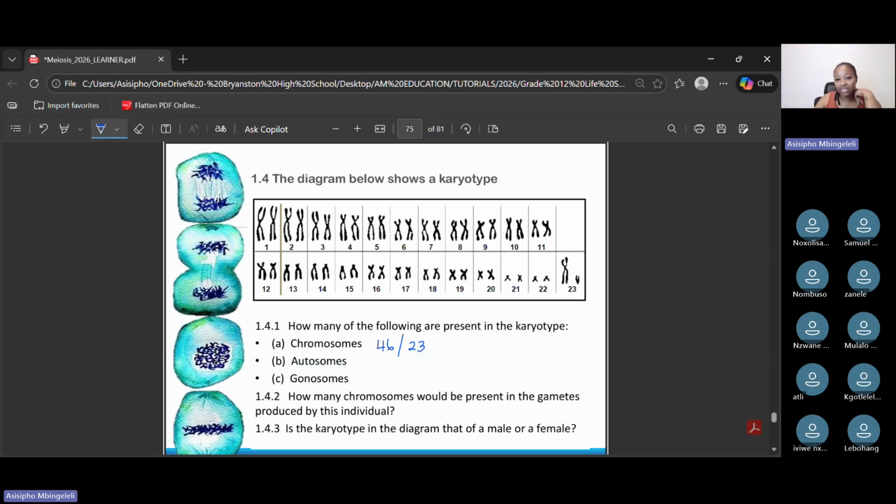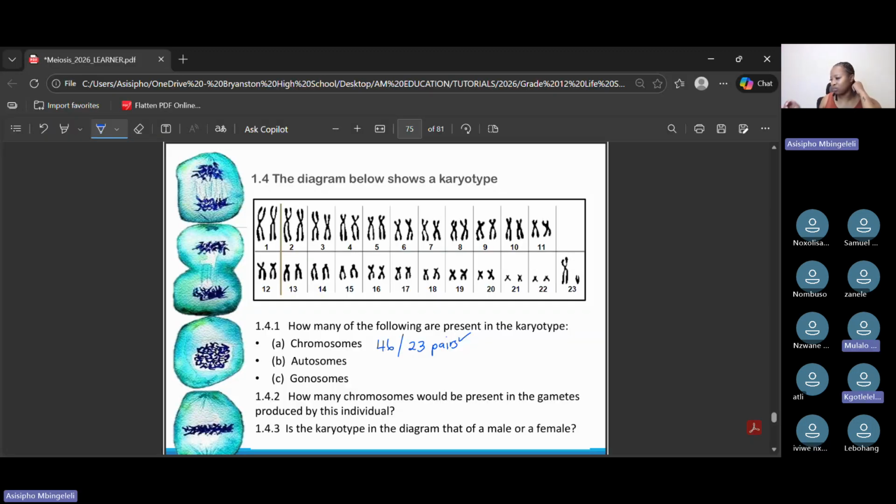If you just wrote 23, that would be wrong. But if you wrote 23 pairs, that is correct. 46 is correct, 23 pairs is correct. I'm hearing someone saying 20.